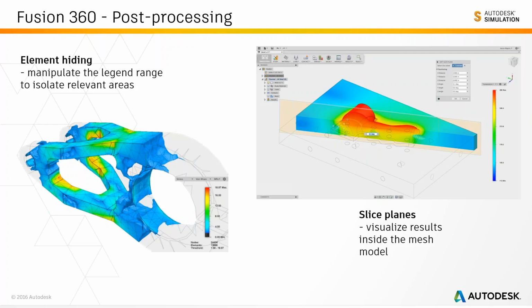You can see on the left side how, by manipulating the legend simply by dragging the minimum value up, I'm hiding elements that are in areas of really low stress that I maybe do not want to see, to enhance and isolate the higher stress areas. The ability to slice the model with planes that you can orient at will is also useful to verify the internal temperature plot of a model.